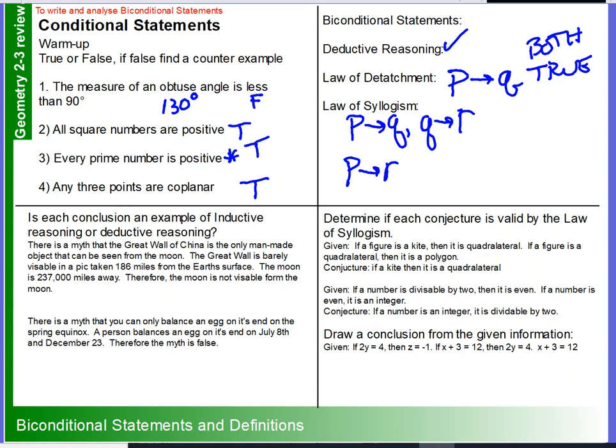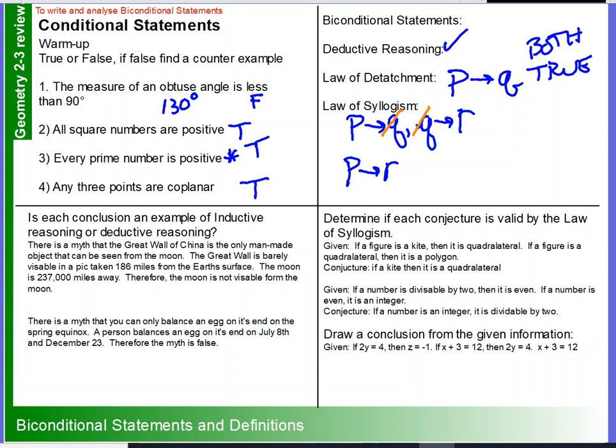If Q is true, then R is also a true statement. Therefore, if P is true, R has to be true because of this connection here. So notice how, if I'm looking at a statement, this statement is used twice, therefore if P is true, then R is true.